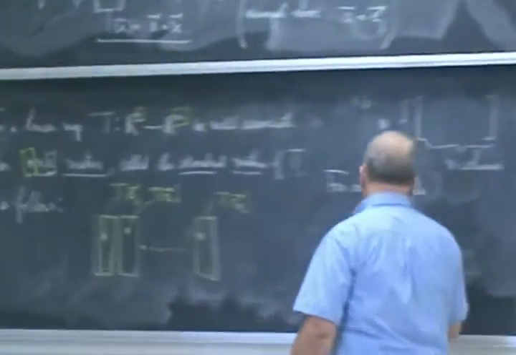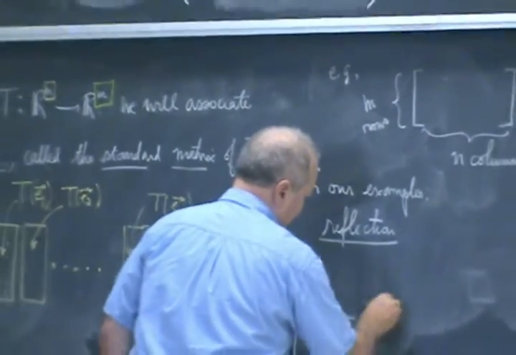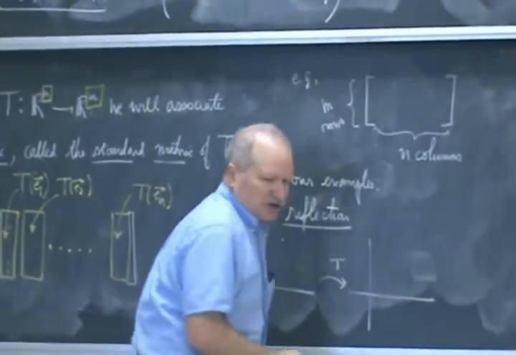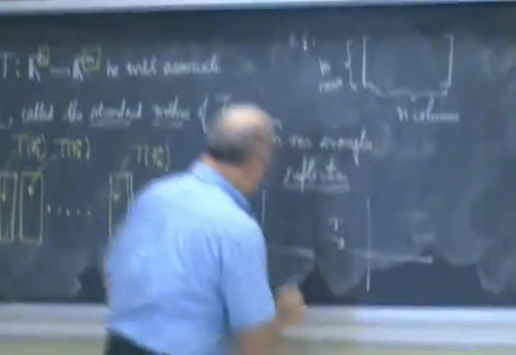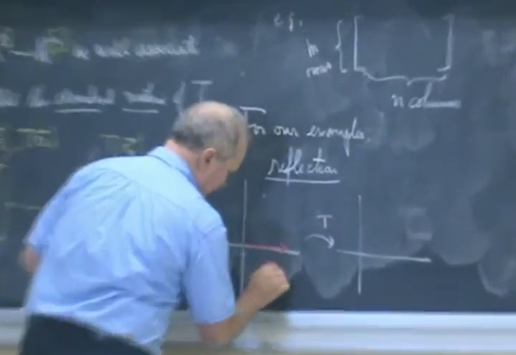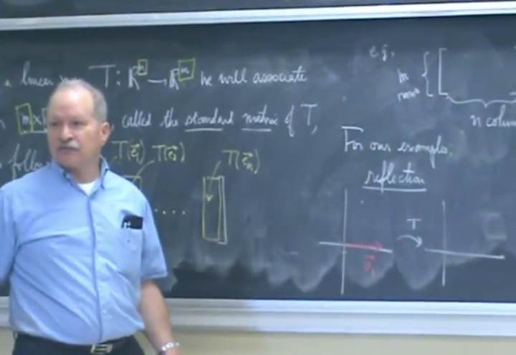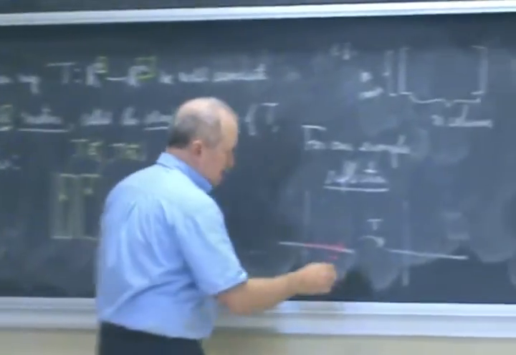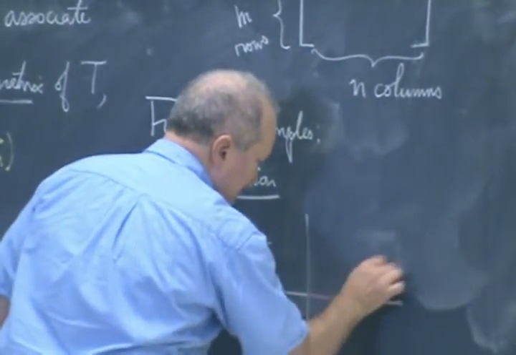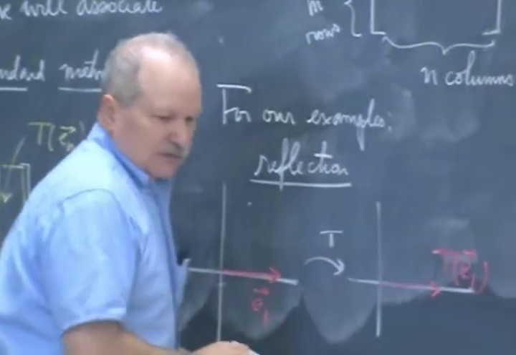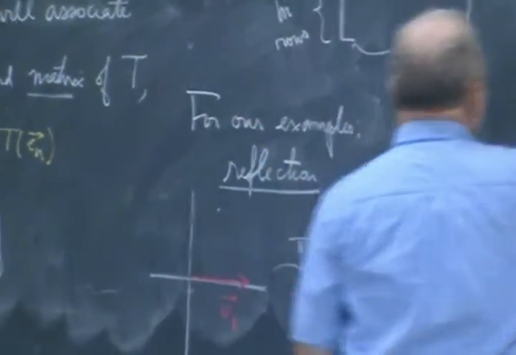So you say to yourself, you're well trained. Here's E1. Where does it reflect to? When you reflect it across the first axis, where does it go? Stays where it is. So what's the first column going to be?